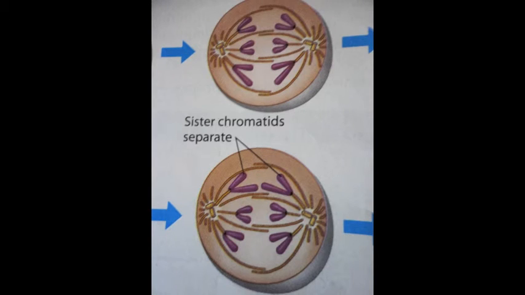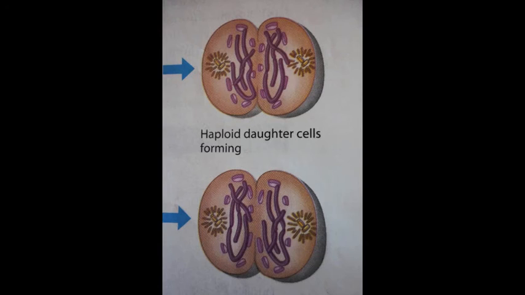In anaphase II, the centromeres of sister chromatids finally separate, and the sister chromatids of each pair, now individual daughter chromosomes, move toward opposite poles of the cell. In telophase II, nuclei form at the cell poles and cytokinesis occurs at the same time. There are now 4 daughter cells, each with the haploid number of chromosomes.